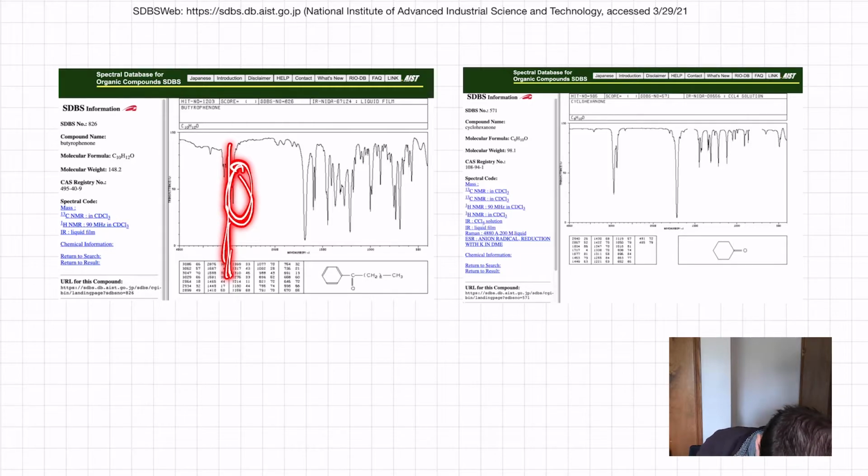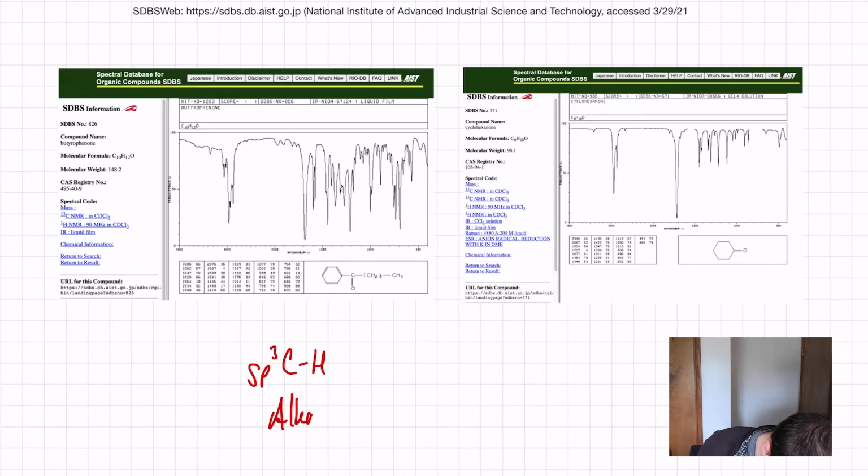Once again, we also have those. So we have sp3 CH, or alkane bonds. They're going to be just short of the 3000 mark. But on the one with the aromatic here, I know that there's an H. Here, let's just draw this out.